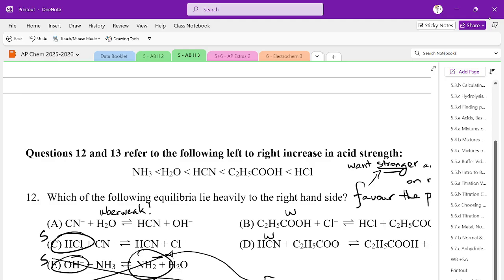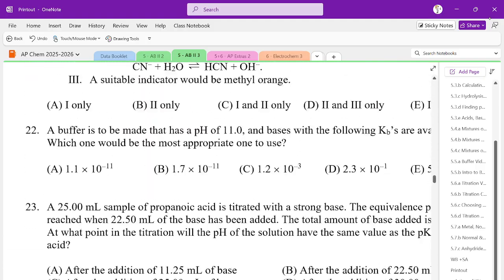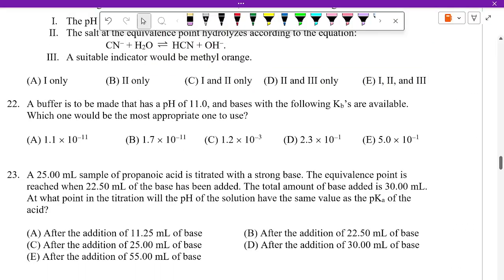Anything else? Yes? 22 and 25, yes, indeed. So here is 21 on the AP review.